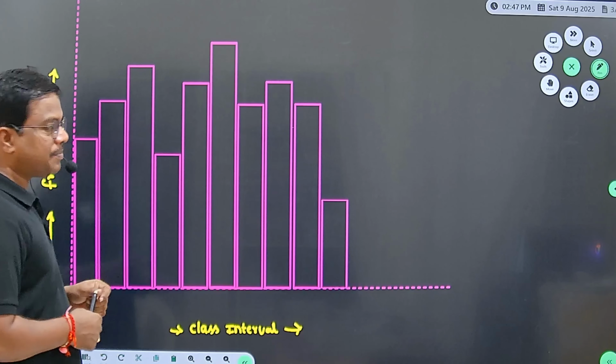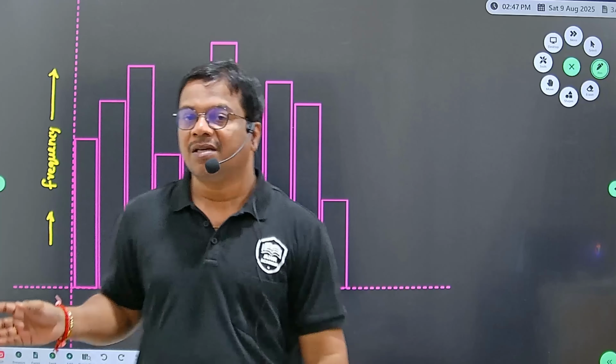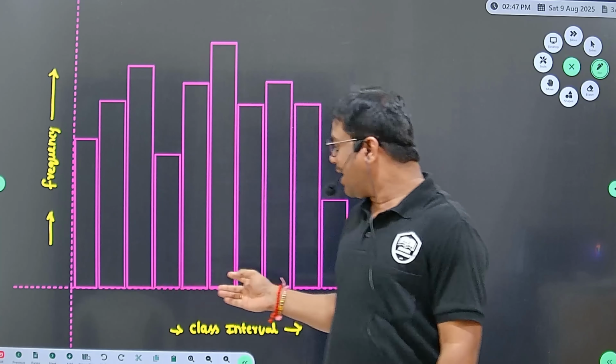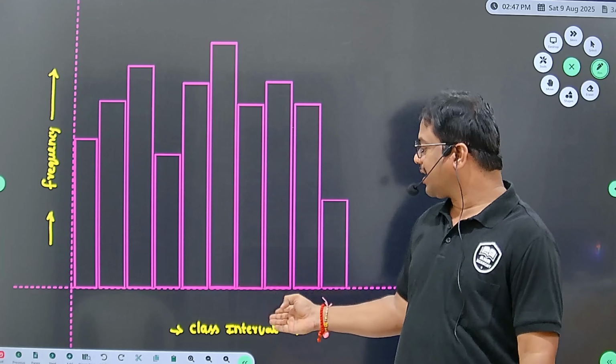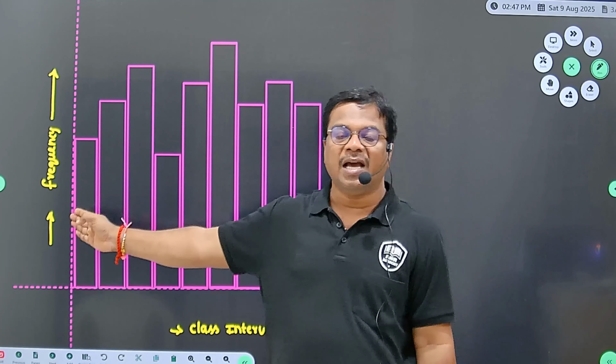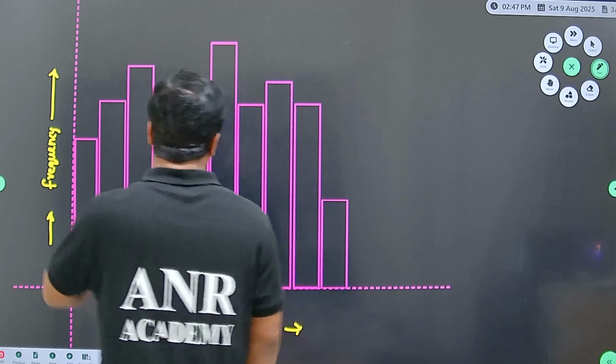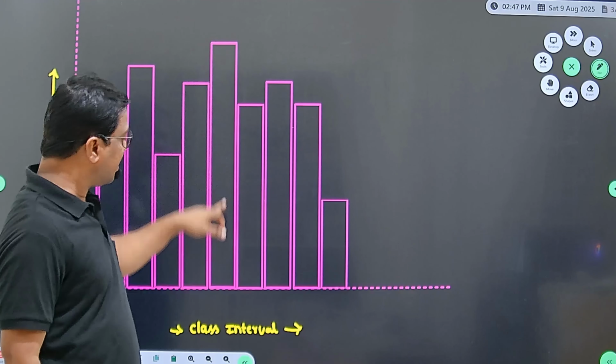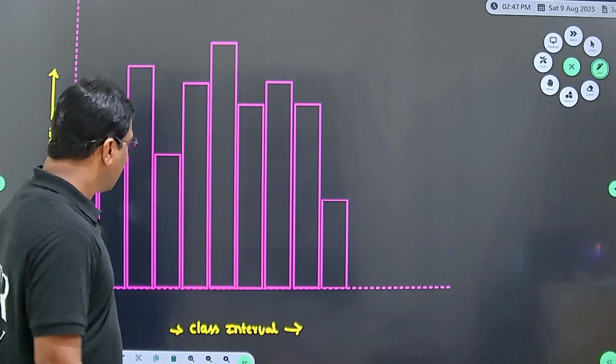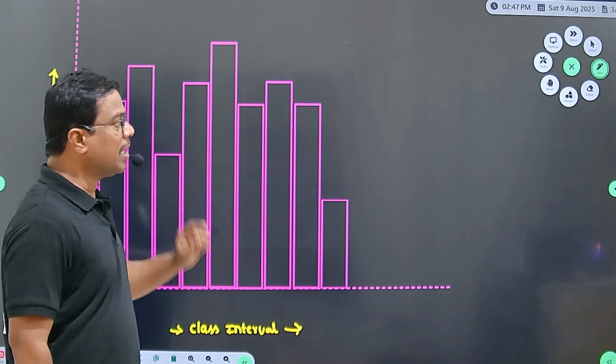See here, there is a graph which indicates class intervals as well as frequencies. Here you have more frequency in this interval. This is known as the modal class.